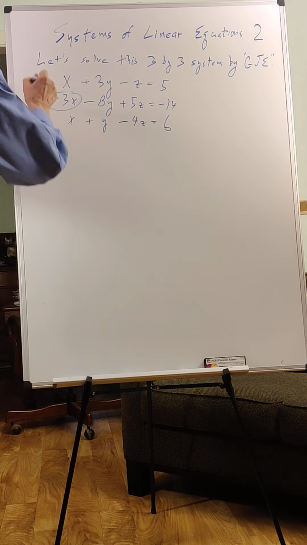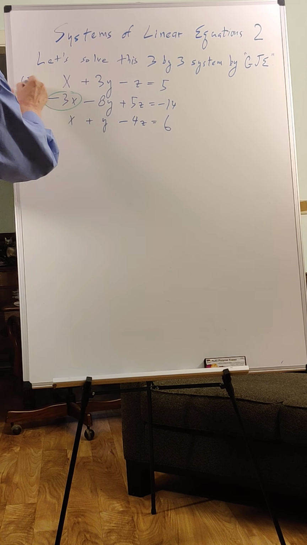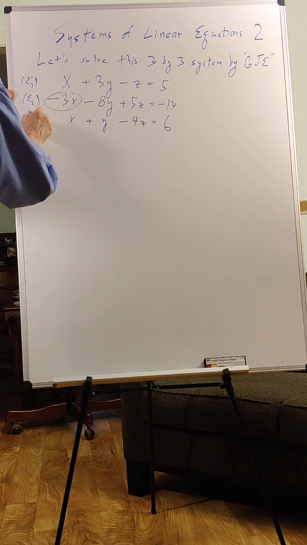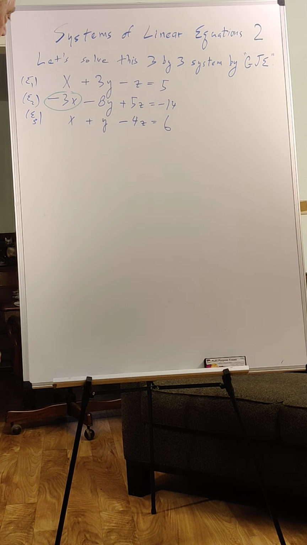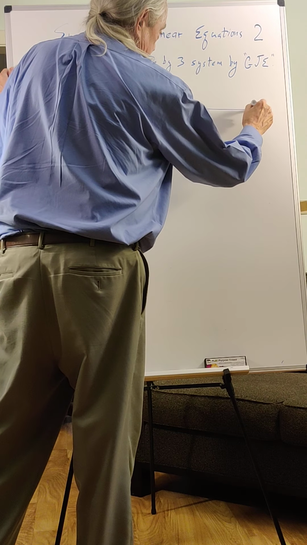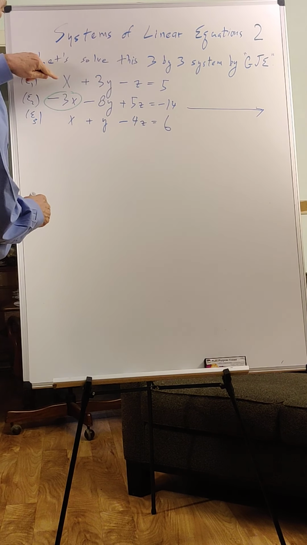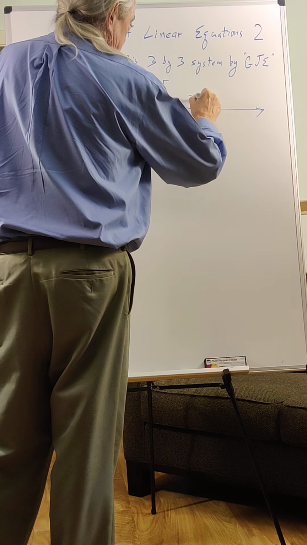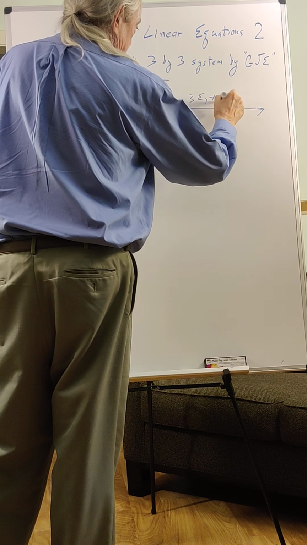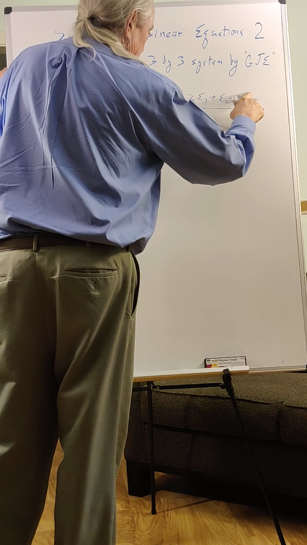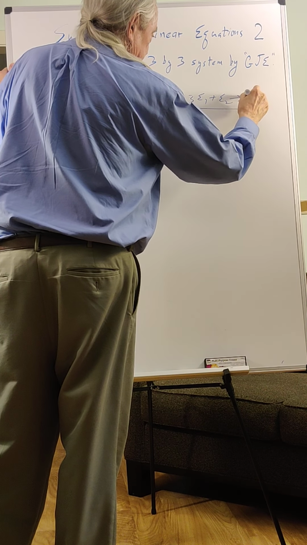Now, let's refer to these equations as E1, E2, and E3. So our first operation then is triple this equation and add it to this one. 3E1 plus E2 replaces E2.